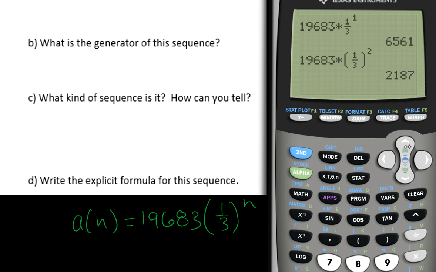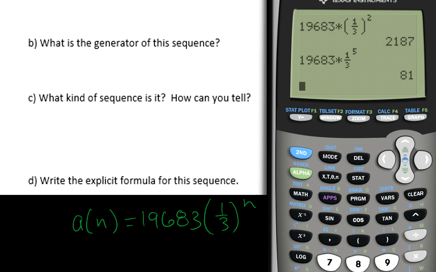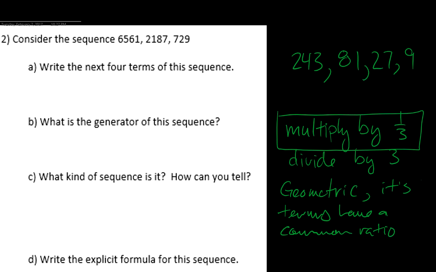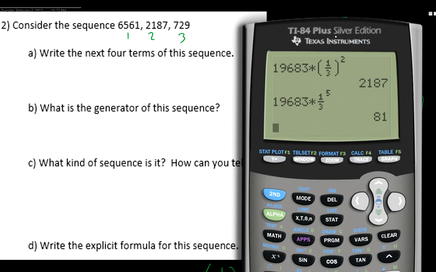I'll just jump ahead. I could do this a long time; this is fun for me. If I put in the number 5, it tells me that the fifth term would have to be the number 81. And I can come back up and look at it: this is the first, second, third, fourth. This is indeed the fifth term, 81.